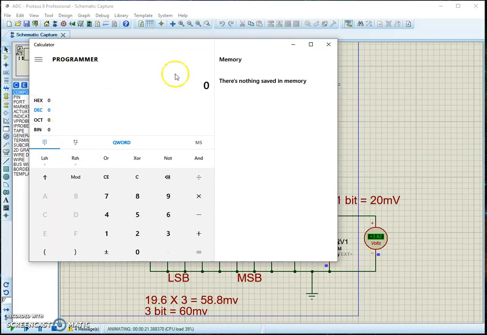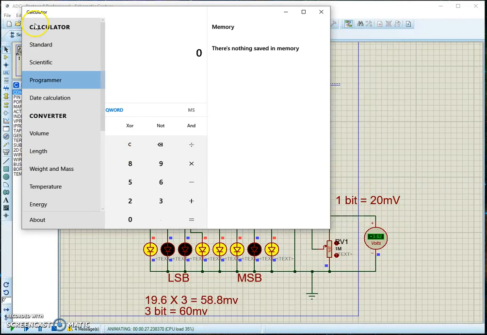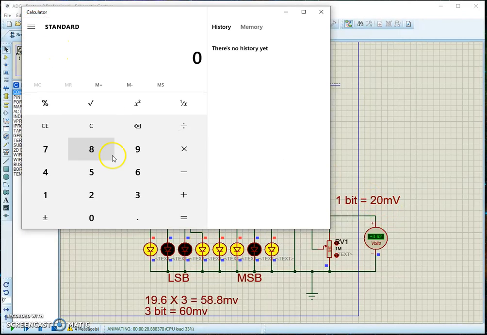If we have 3.62, let's change it to a normal calculator. 3.62. Oh, sorry. 3.62. Okay, this is the normal volt here. Oh, let me change that.